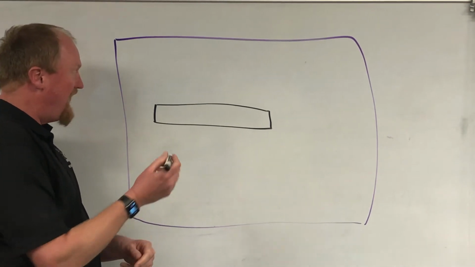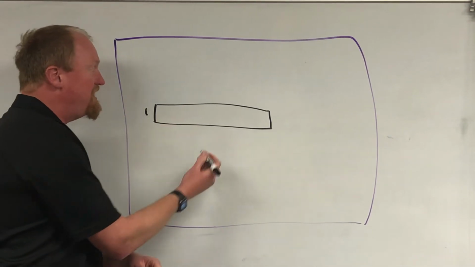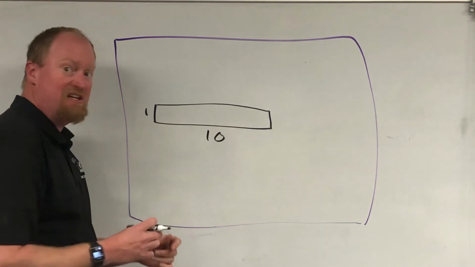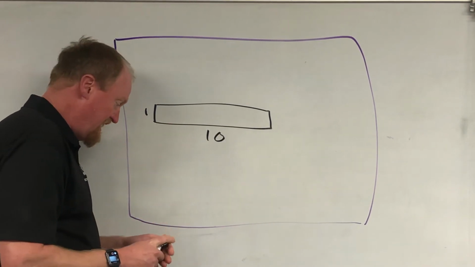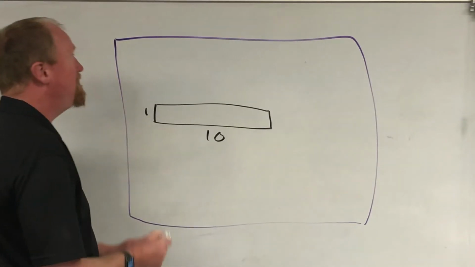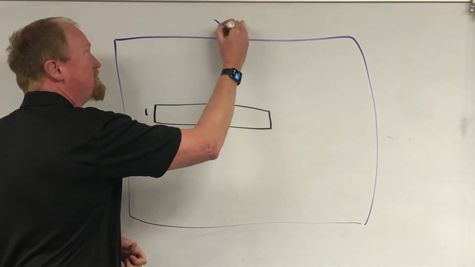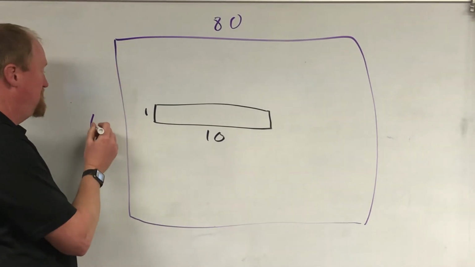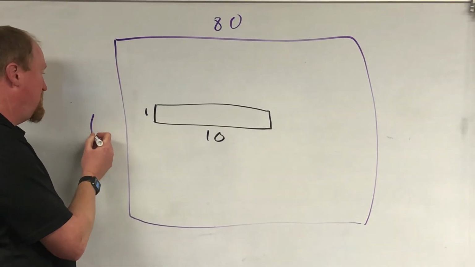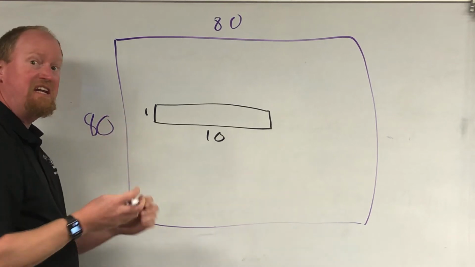So, an acre is 1 chain by 10 chains. Pretty easy, right? And a mile is 80 chains. So a square mile would be 80 by, trying to draw an 8 there, failing, by 80.